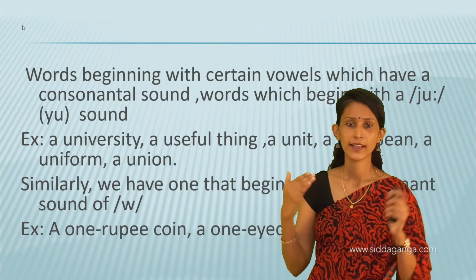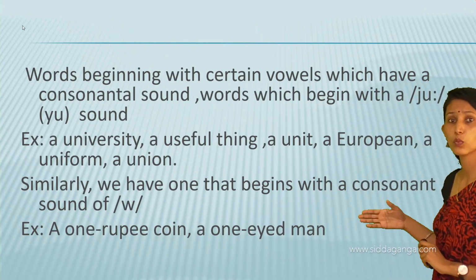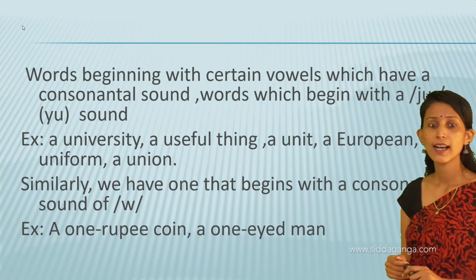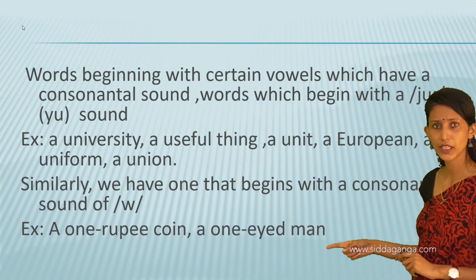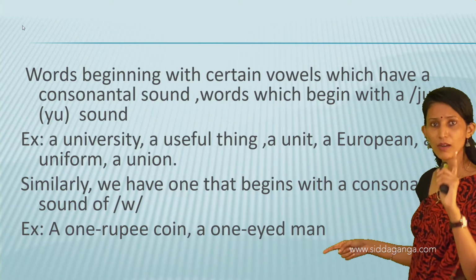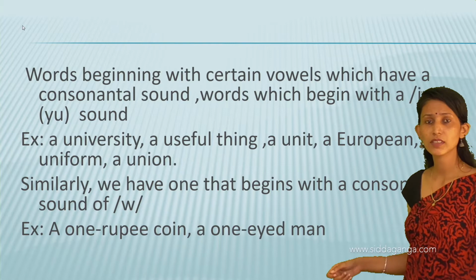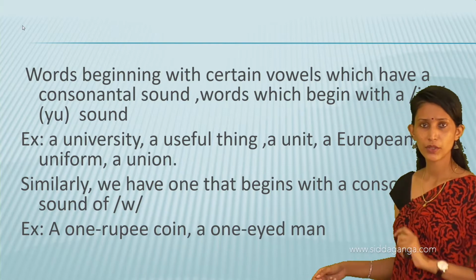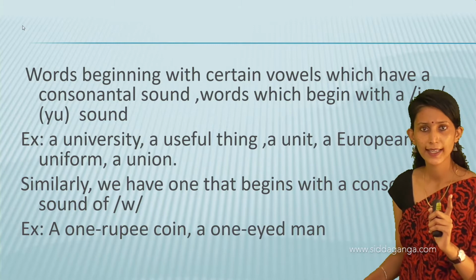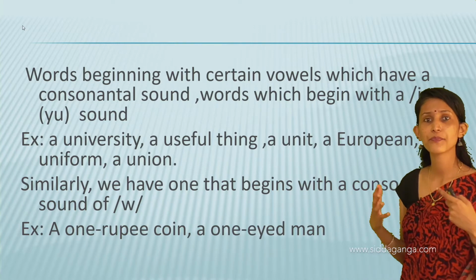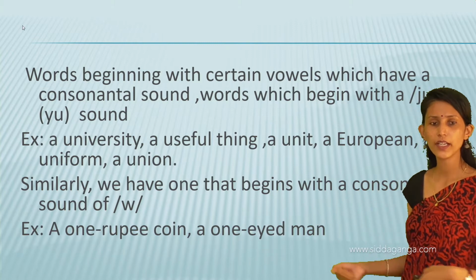Then, something that also begins with the sound of w, like we say, a one-eyed man. Look at the example over here. The O is a vowel. Yet, the sound of pronouncing or starting that word is of w, like we say water, that kind of sound, okay?